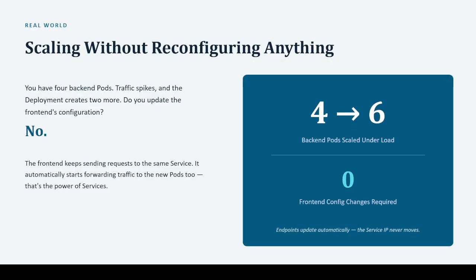Also, even if we scale our application, let's say currently we are running 4 pods and we increase to 5 or 6 pods, these pods also get registered to our service. So there is no manual configuration or reconfiguration you need to do, and your requests will still reach those pods.